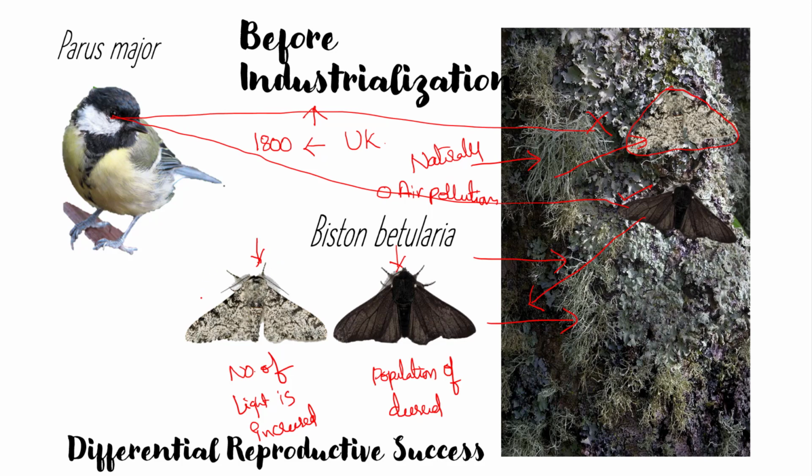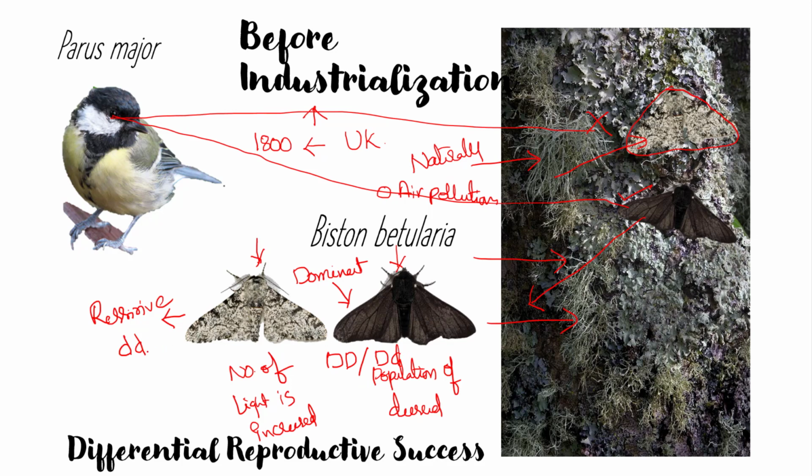When we talk about the genes regulating the color, the light colored moth is considered to be recessive, denoted with small d, and the dark colored moth is considered to be dominant. Dominant means it can be denoted with capital D capital D or capital D small d, homozygous dominant or heterozygous.